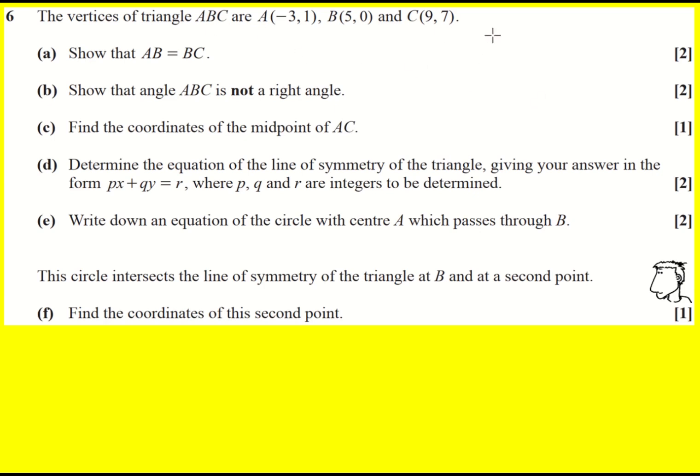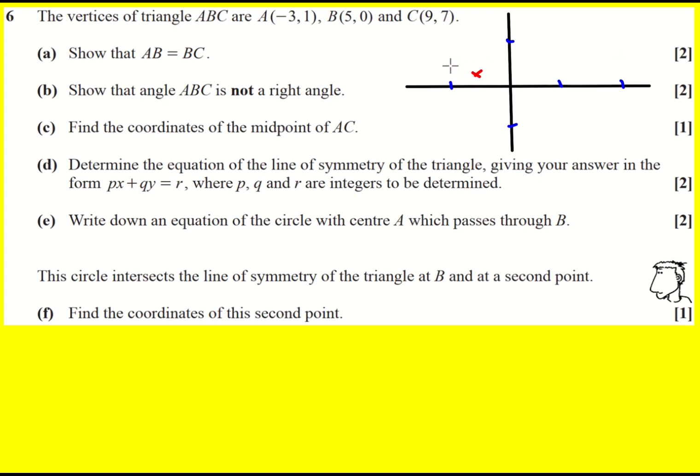Given some vertices of a triangle, it's not a bad shout to just sketch this out. It doesn't have to be perfect, but it'll give us a bit of a feel for what's going on. Okay, so if I say that's about 5, and then that can be 5 as well. So I've got -3, 1.